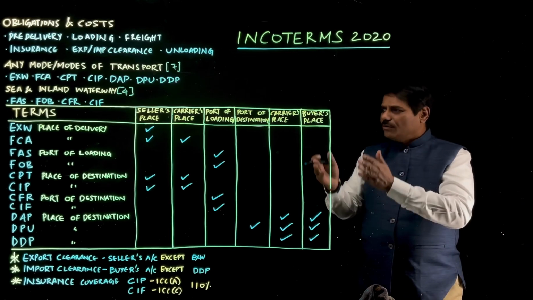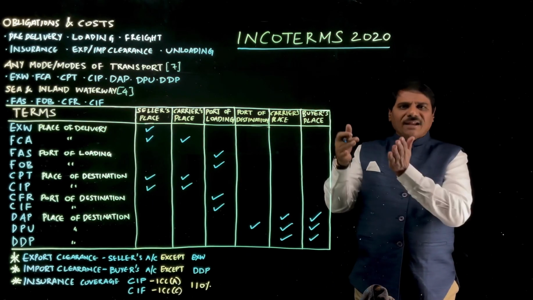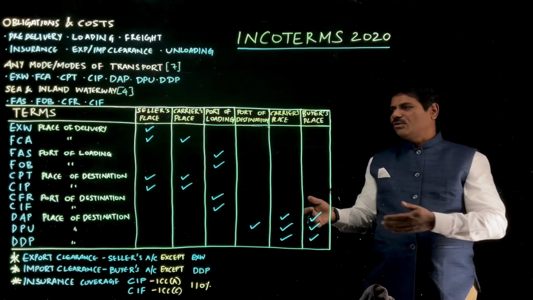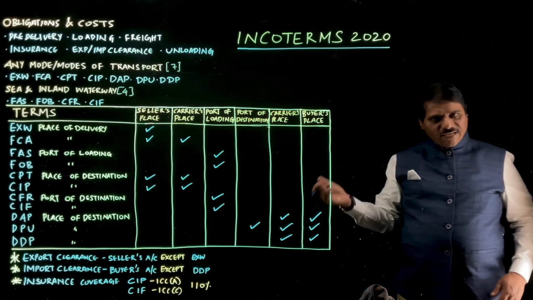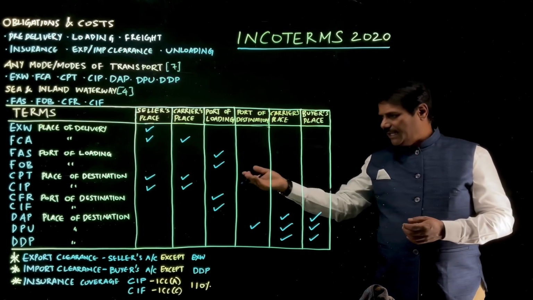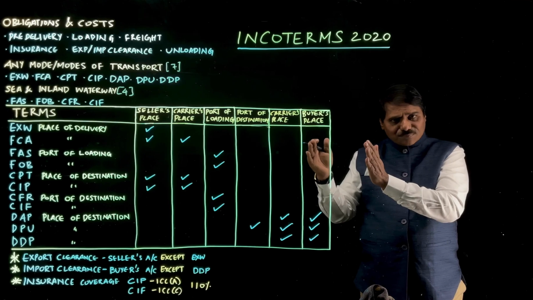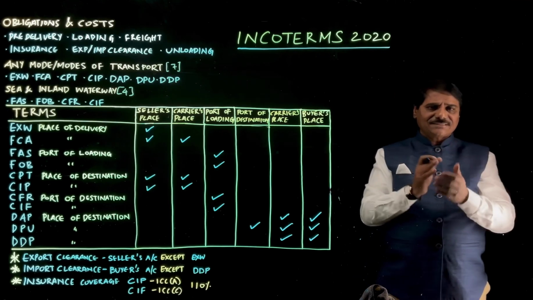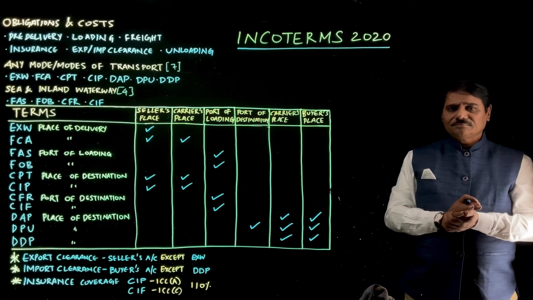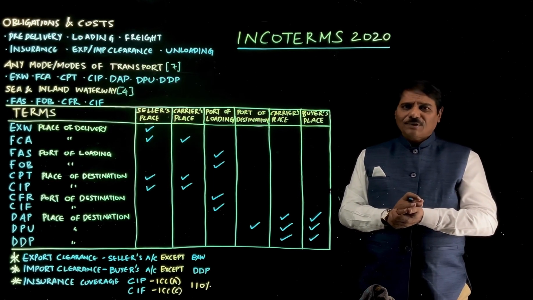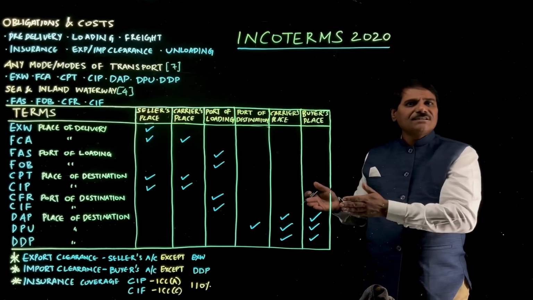So always remember Ex Works price will be lesser as compared to, for example, CFR, CIF or DAP, because as seller's responsibility escalates, the price will go up. So Ex Works price will be lesser and DDP price will be more.